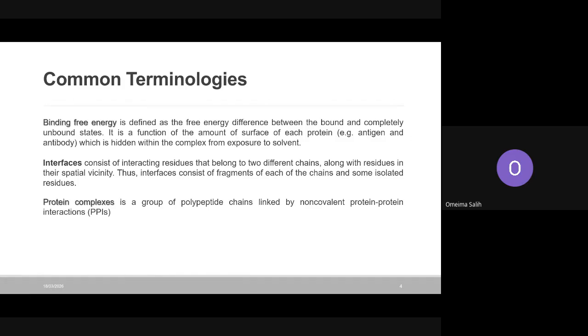Binding free energy is defined as the free energy difference between the bound and completely unbound state of a polypeptide chain.